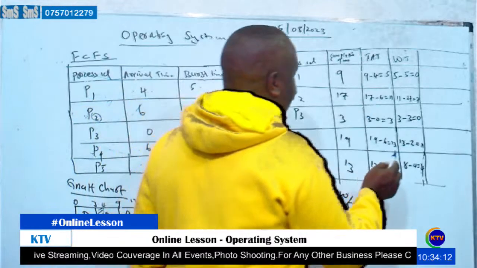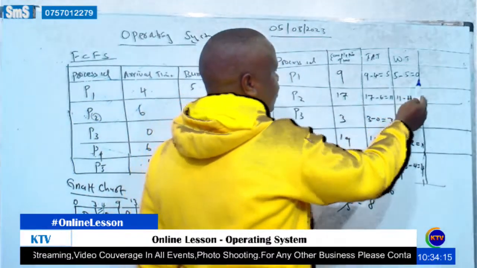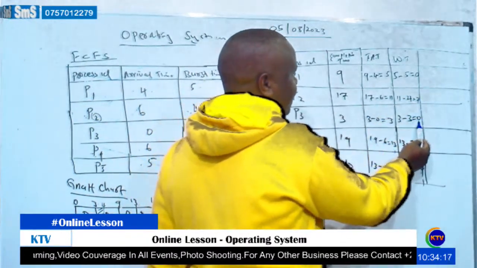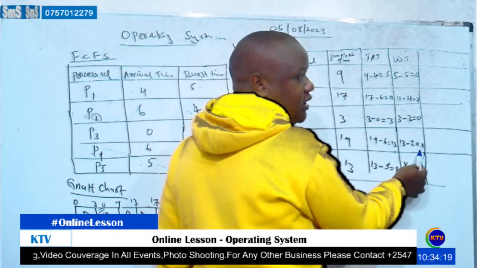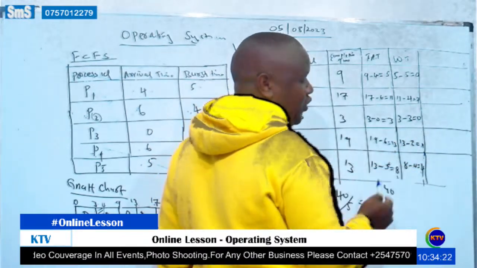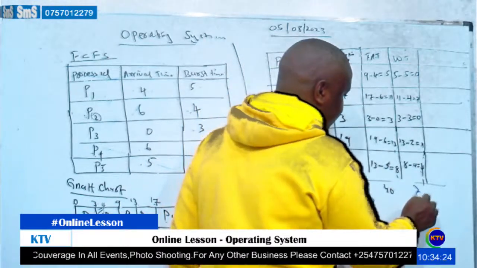Then the waiting time here is 0 plus 7, 7, plus 11, 18, plus 4, 22.